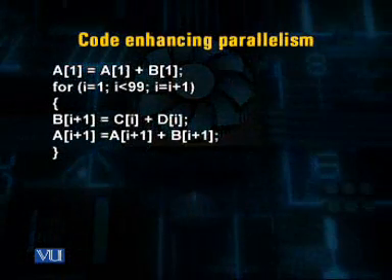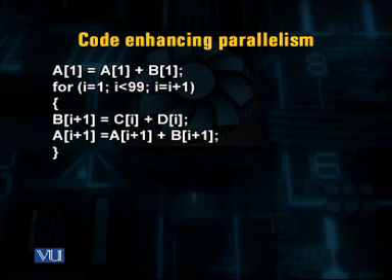Considering these two observations, we can replace our example loop with the code shown here. Here you can see that S1 does not have dependence on S2. So the two statements are not loop carried. Hence, the iterations of the loop can be overlapped.